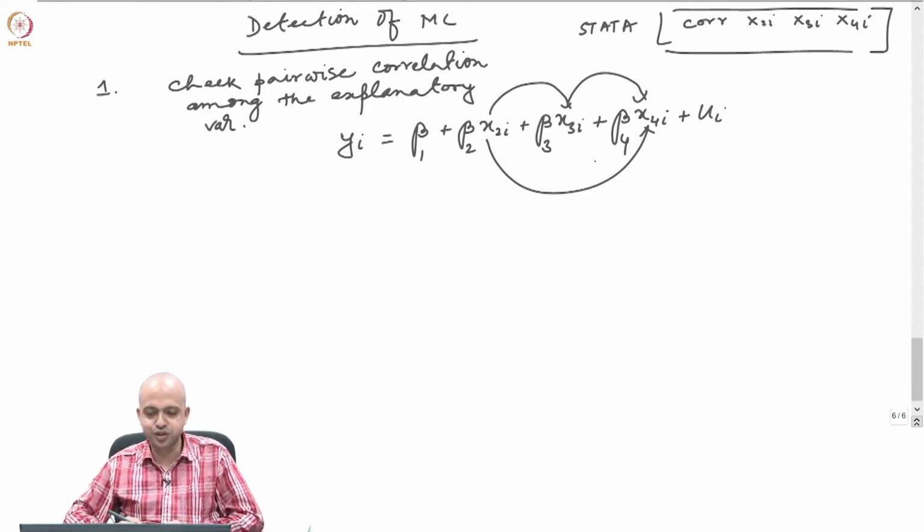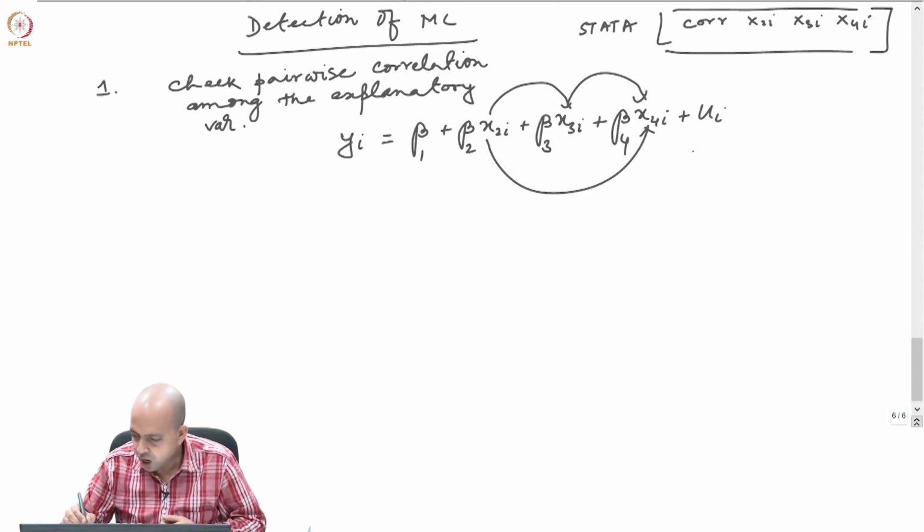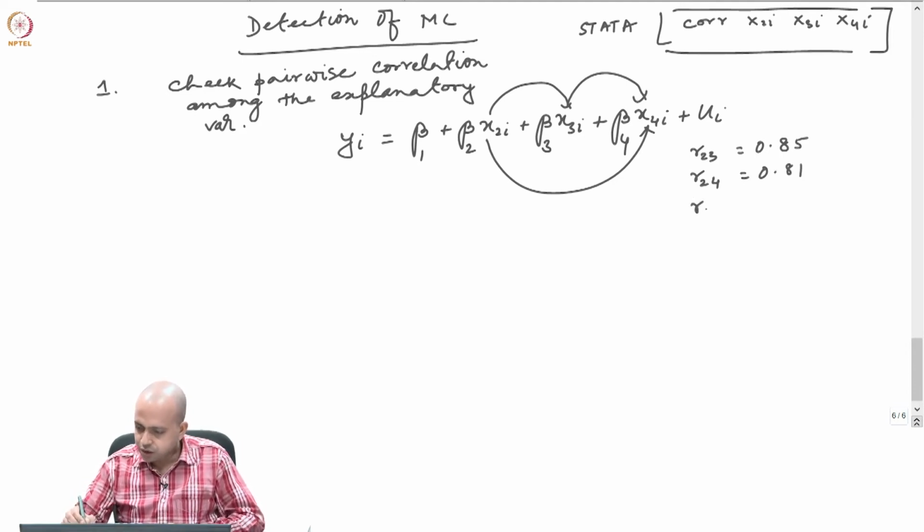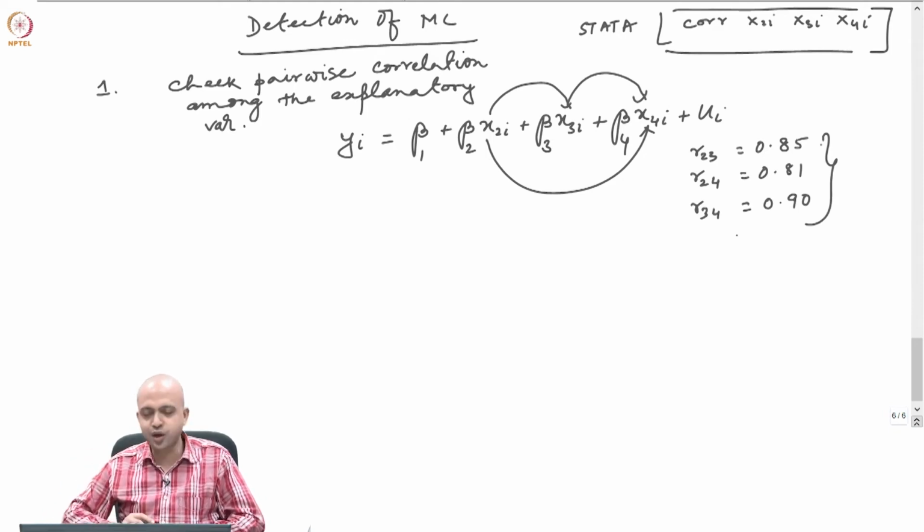Any pairwise correlation which is 0.8 or more, let us say r23 equals 0.85, or r24 is 0.81, or r34 equals 0.90, these are basically high pairwise correlations.